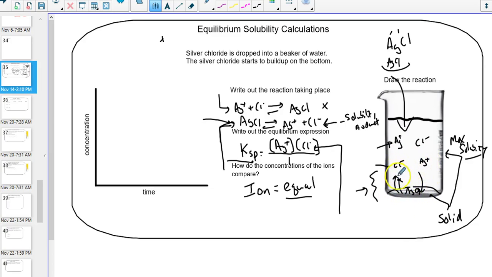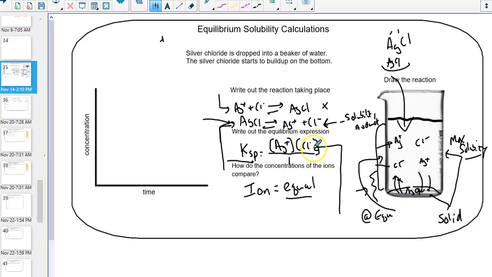This process never stops. It keeps going back and forth for eternity. We have to have both present, at maximum holding capacity. At stalemate, or equilibrium, these concentrations are not changing.